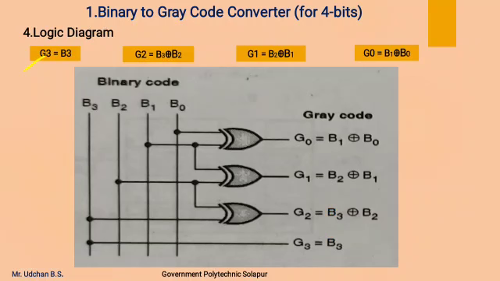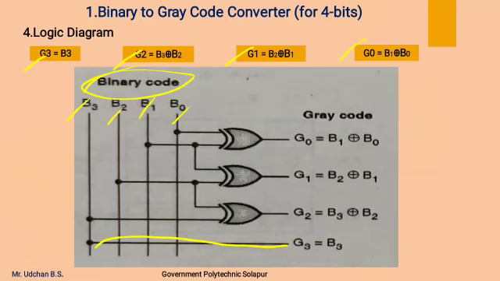We found the 4 equations: G3 equal to B3, G2 equal to B3 XOR B2, G1 equal to B2 XOR B1, and G0 equal to B1 XOR B0. From these 4 equations we can draw a logic diagram which consists of 4 inputs B3, B2, B1, B0. These are the binary inputs. For G3 we get the B3 equation as it is, so here no gate is required.